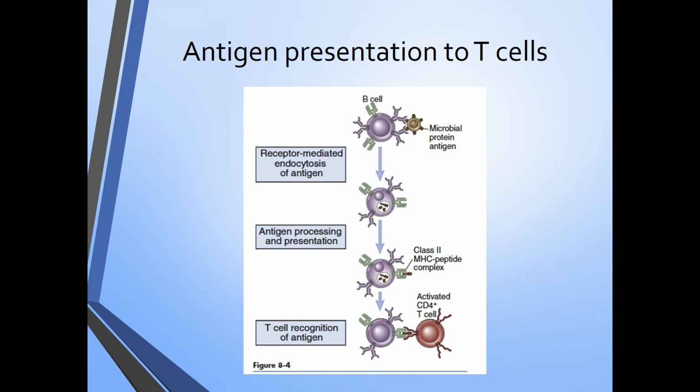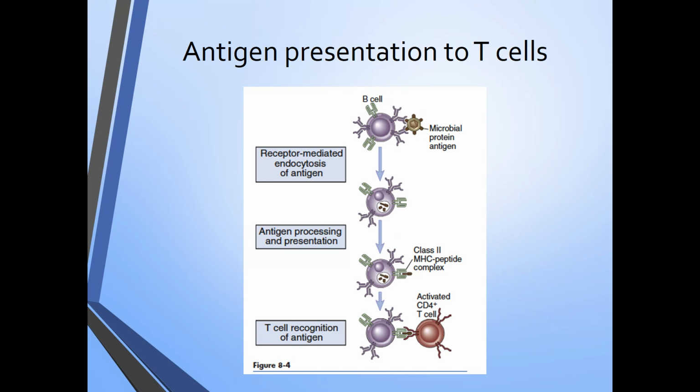So how does B cell activation occur? Well, the B cell itself can act as an antigen presenting cell, and the B cell is really good at presenting antigen that it's specific for. So basically, as you can see in this cartoon, a microbial protein antigen is binding to the B cell receptor.